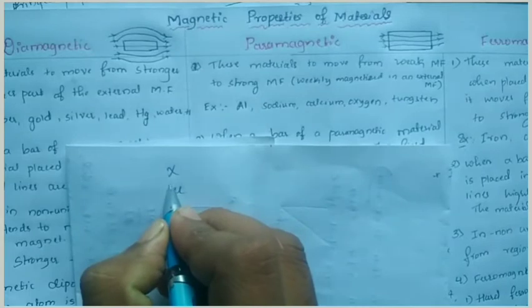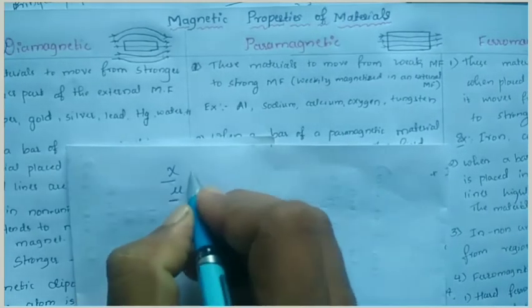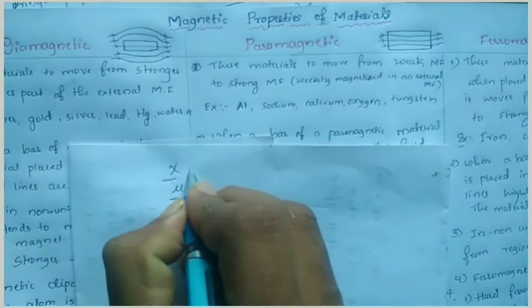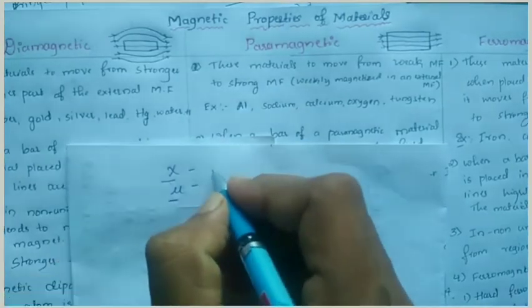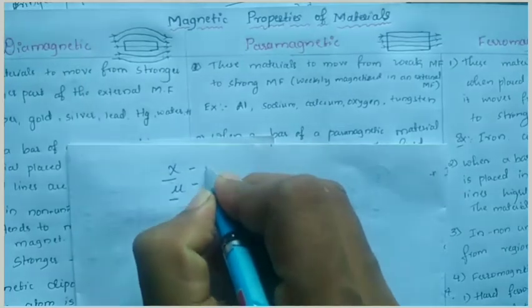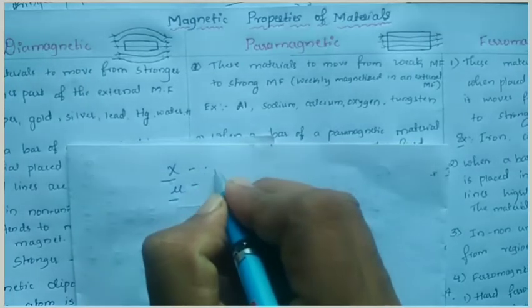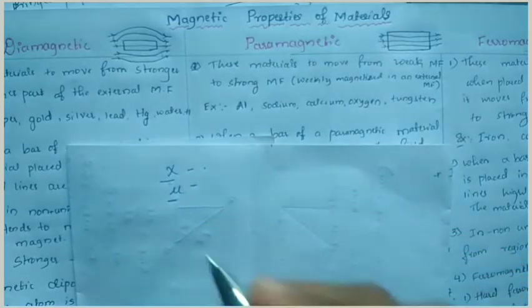So the susceptibility is denoted as chi and mu is the permeability. We already discussed susceptibility and permeability. Susceptibility is generally the degree of magnetization: how much a material is magnetized in the external magnetic field.